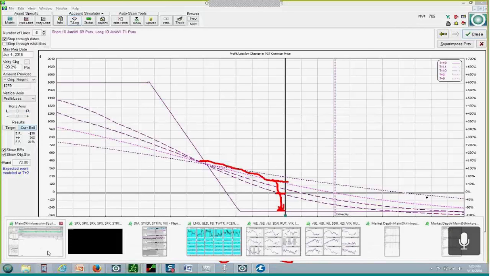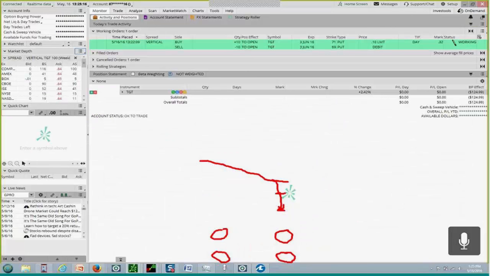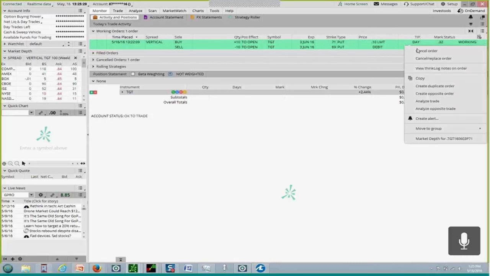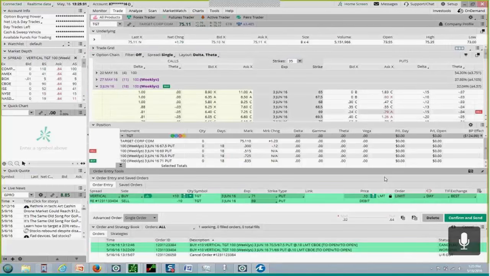So if I really wanted to push it, notice the price is coming down to 32 cents. If I wanted to chase this, I could come up here, cancel and replace the order, and bring this up to, say, you know what, I'll give you a quarter for it, okay?